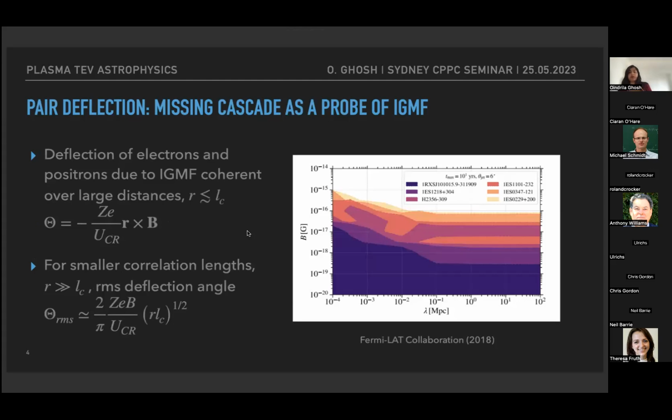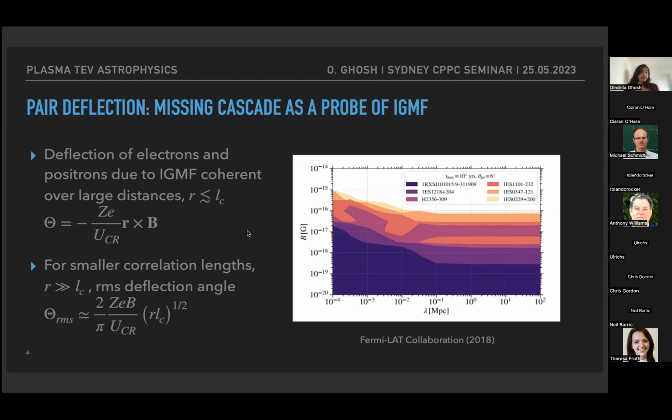So if we consider the scenario of pair deflection, meaning you have this pair beam and the intergalactic magnetic field is kicking the pairs away from the beam, if you have a strong enough intergalactic magnetic field, then these deflections could kick the pairs sufficiently far away from this beam.